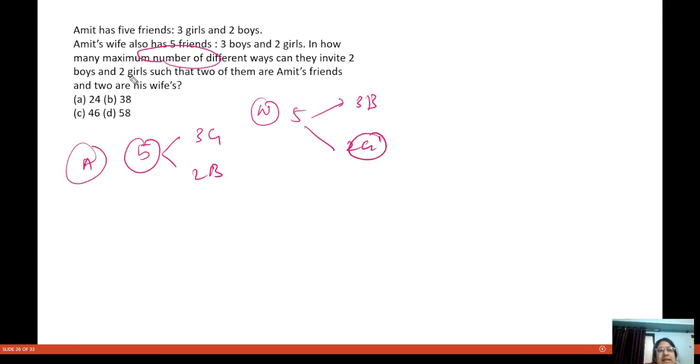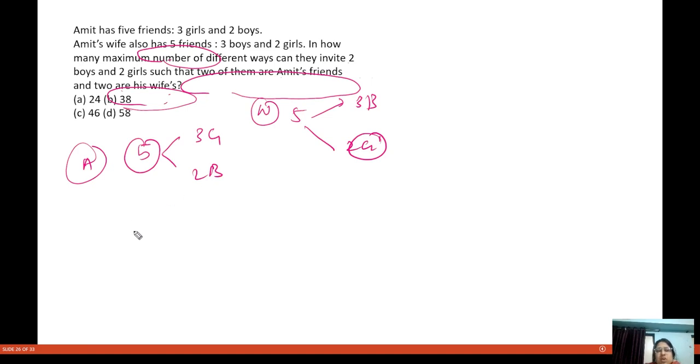In how many maximum number of different ways can they invite two boys and two girls such that two of them are Amit's friends and two of them are his wife's friends? Okay. Fine. So now let us see, two boys and two girls we have to invite.